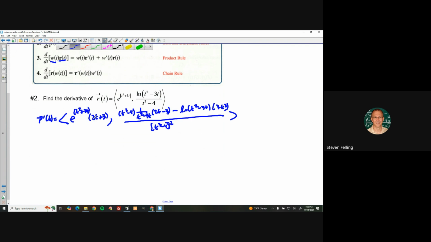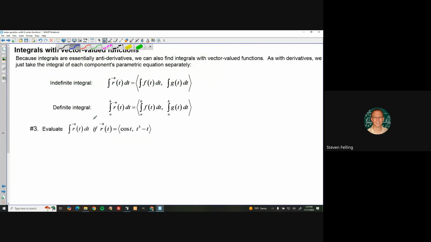So the nice thing is it's very consistent and behaves the way you would expect. And since we can do derivatives, integrals are just antiderivatives, which means that if you're taking an antiderivative, either an indefinite integral or a definite integral, you can do that to each of the terms separately. So let's say we have a position vector here, and we want to find the integral of that.